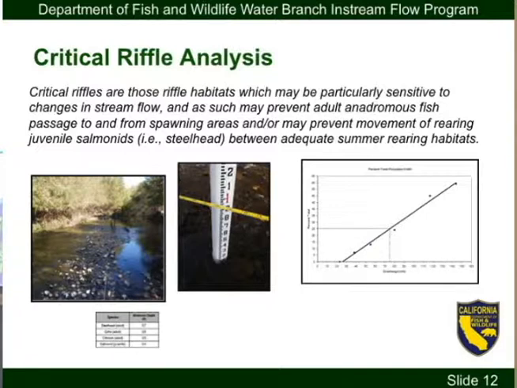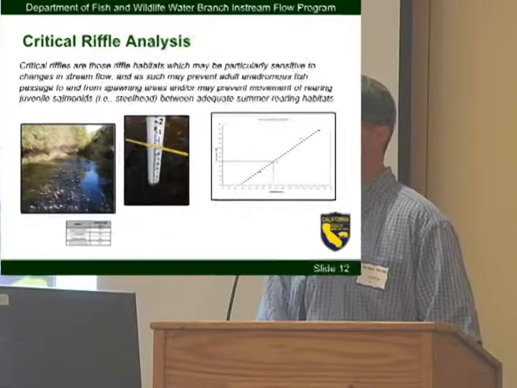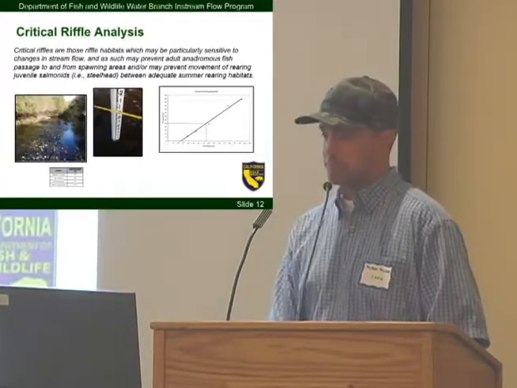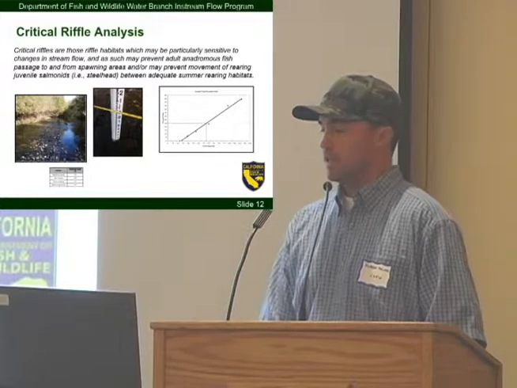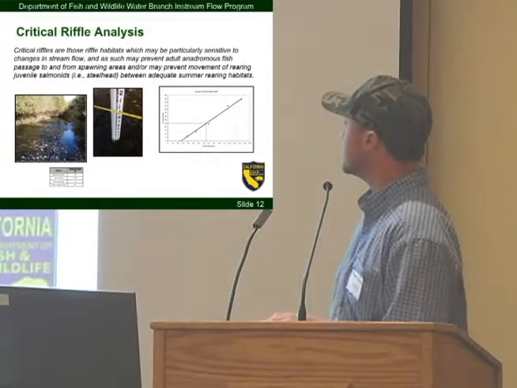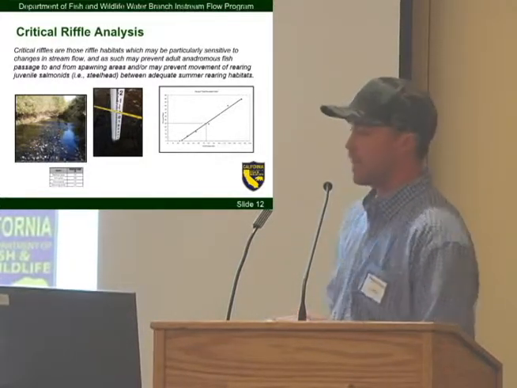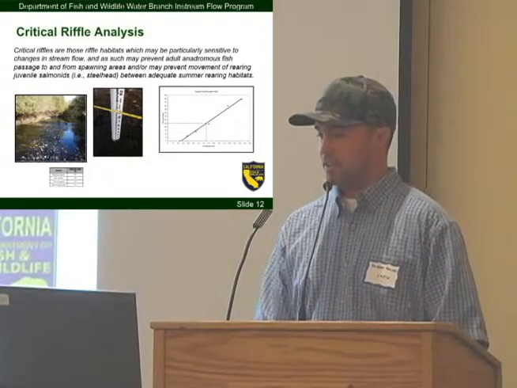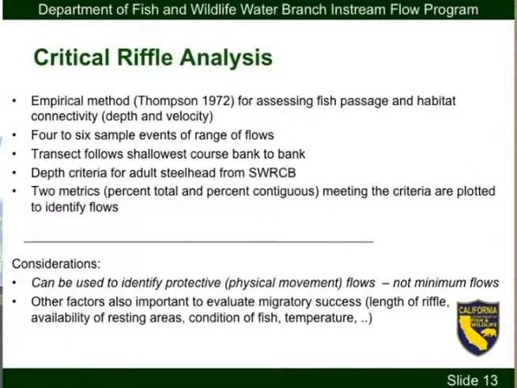And basically all you need is a stadia rod and tape measure, and you run the tape measure across from the shallowest course from bank to bank, and you take depth measurements at a variety of different flows, and then you compare that to depth criteria, and then you're able to get a relationship between flow and passable habitat, and you use that to derive a flow. It's based on a methodology from Oregon Department of Fish and Wildlife, and you can use depth and velocity.